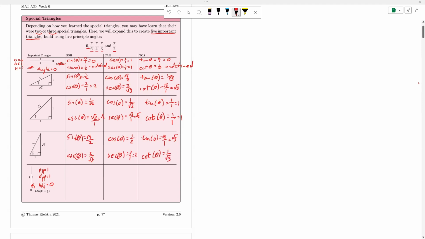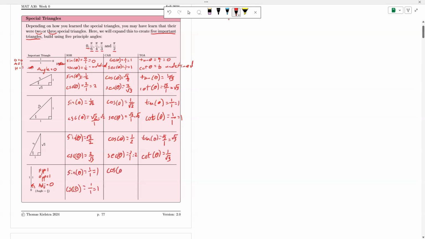Now for our final special or important triangle, pi by 2: sine of theta equals 1 over 1, which is 1. Cosecant of theta is hypotenuse over opposite, or 1 over 1, which also equals 1.